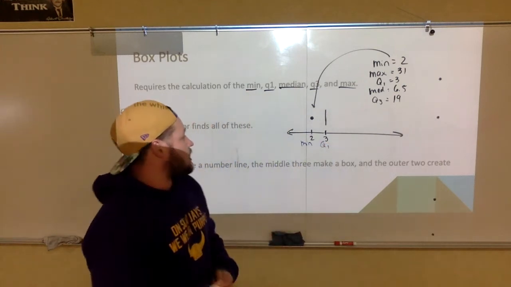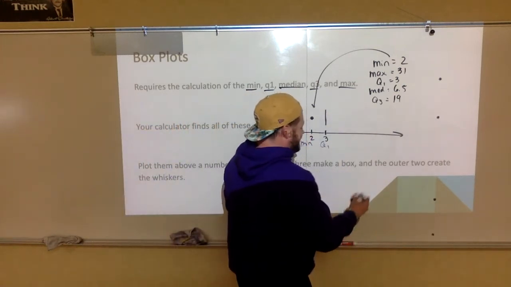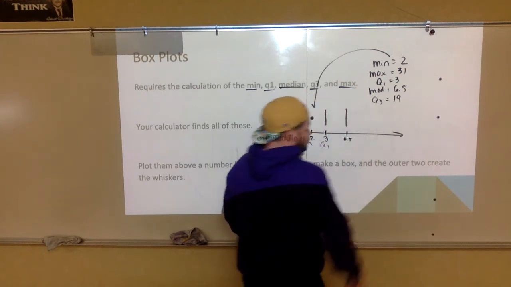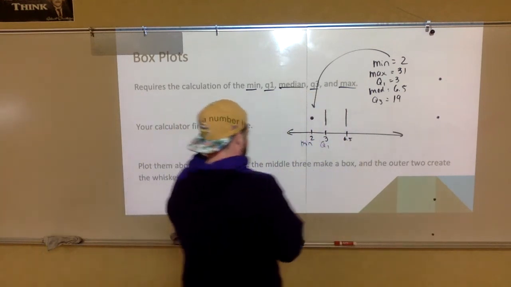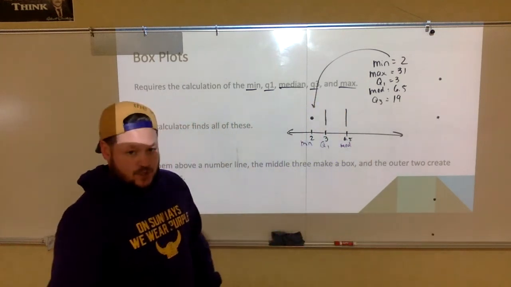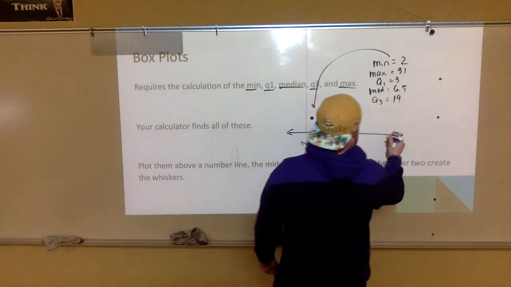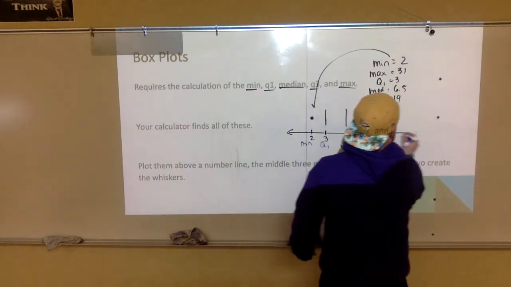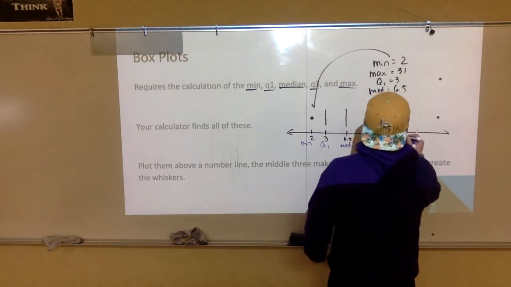The next thing we need to plot is our median. Median, 6.5. I'm going to draw a line. That is our median. Q3 is next, which is 19, which is way over here. This doesn't have to be drawn to scale, by the way. 19.